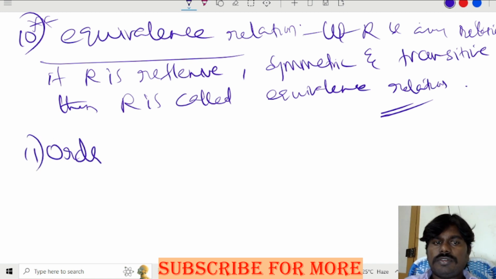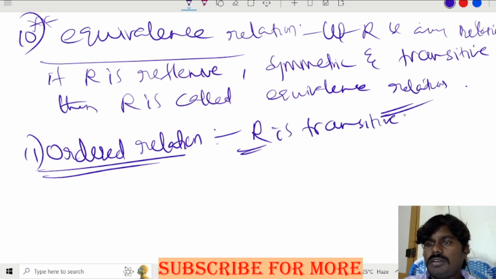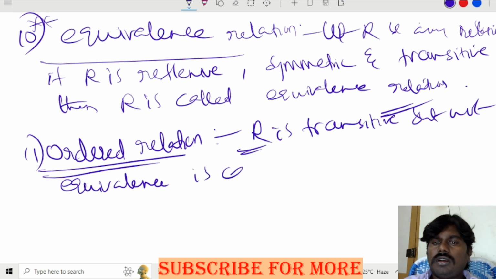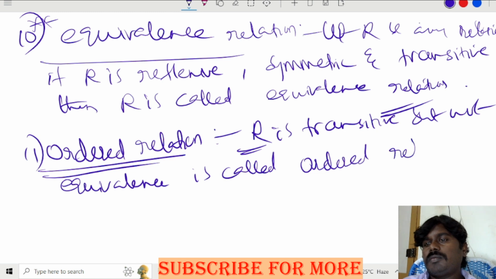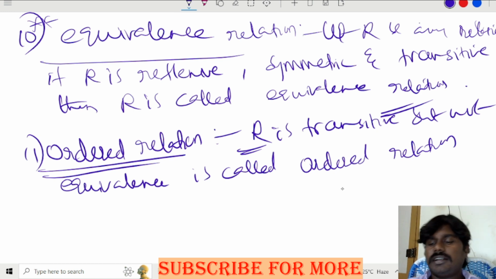Next we will see one more definition, that is ordered relation. Ordered relation. Here the relation R is transitive but not an equivalence relation, is called an ordered relation.